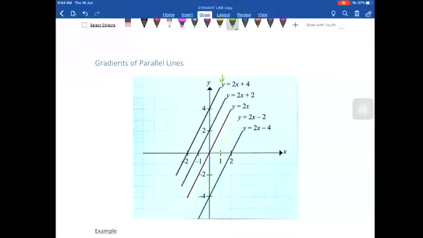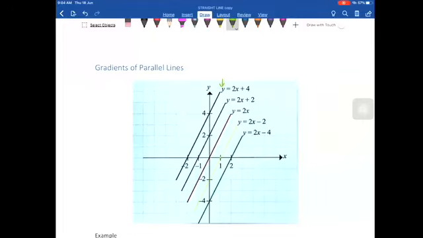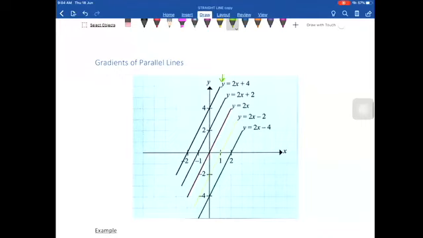Y dia mesti sama, coefficient dia semua 1. And the coefficient of x must be the same. So Esther kata tadi gradient is 2. Datang daripada ni lah ni, coefficient ni. So daripada situ kita boleh conclude parallel lines gradient dia akan sama.